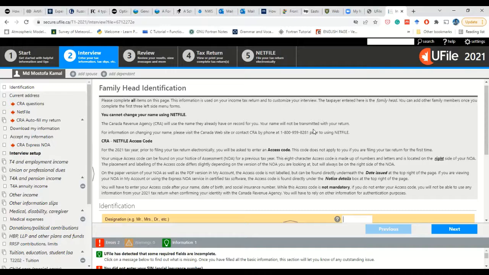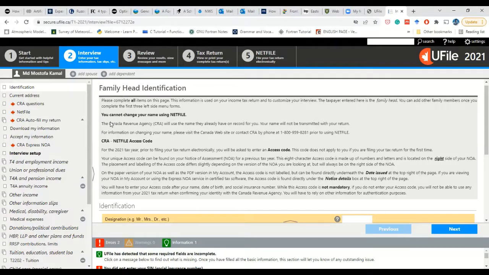That means, you remember the T2202 form I just showed? If you provide information from that form, only then the software will recognize that you are a student, and now you are eligible to submit your tax return free of cost. I get it. Thank you so much.